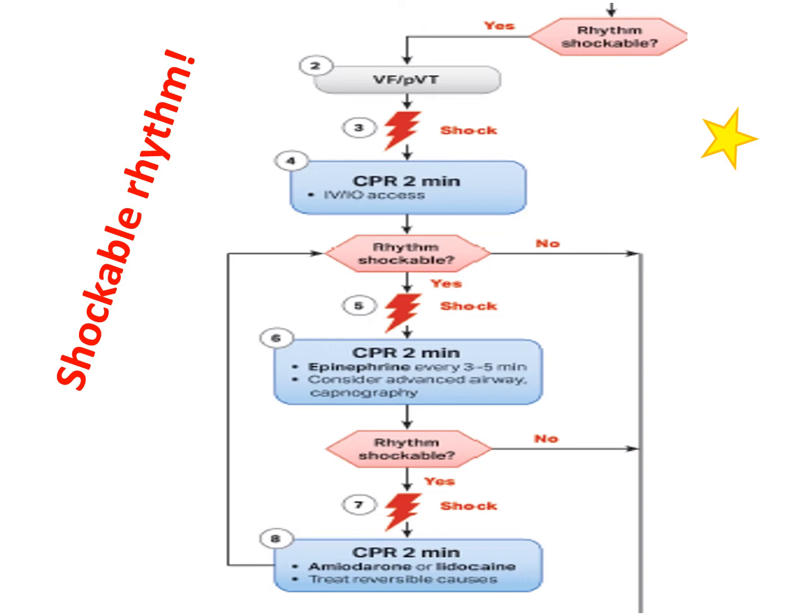During this time, again, concentrate on high quality CPR. Just beat the patient. After 2 minutes up, you analyze the rhythm, you feel for the pulse. If the rhythm shows pulseless VT or VF, you need to give the second shock.